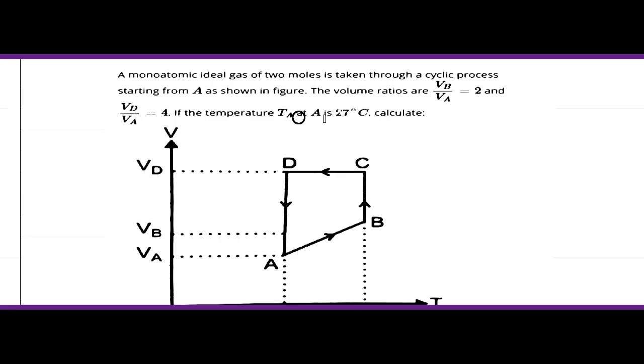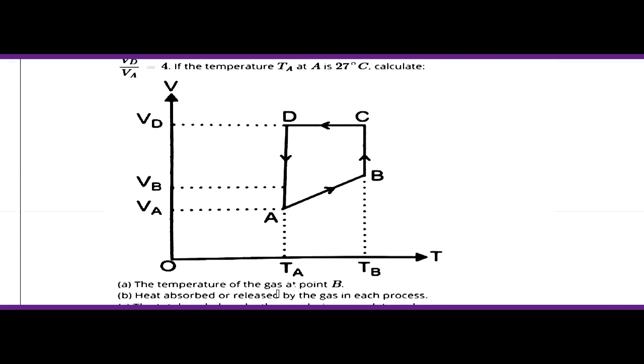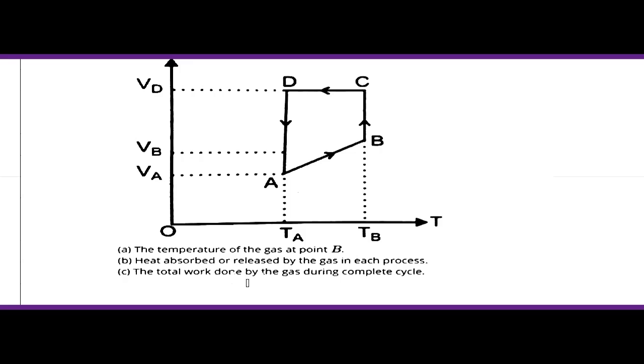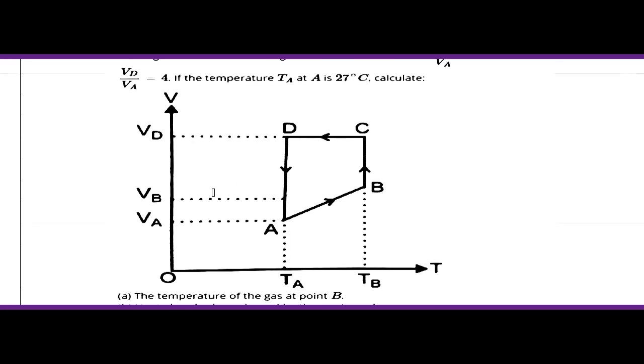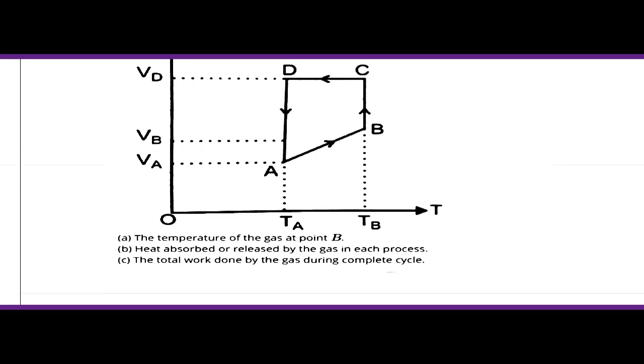If the temperature TA at A is 27 degrees Celsius, calculate the temperature of gas at point B, the heat absorbed or released by the gas in each process, and the total work done by the gas during the completed cycle. So here this is the diagram, and we have to find temperature, heat absorbed and released, and total work done.